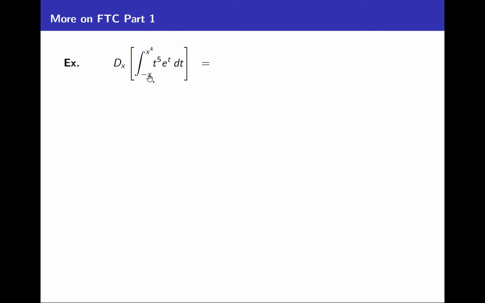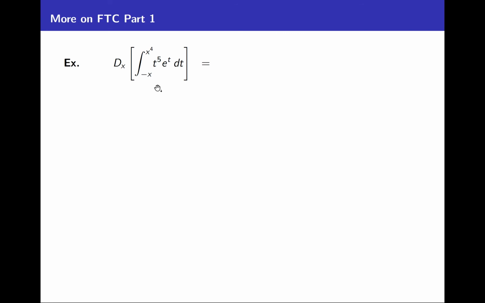Both limits of integration are functions of x, minus 1 times x, and x to the fourth. So what can we do? Well, here's an idea. This integrand, t to the fifth e to the t, is defined and continuous for all values of t.